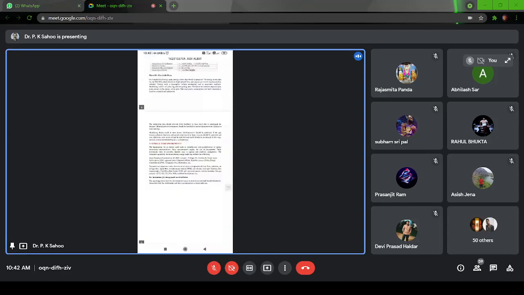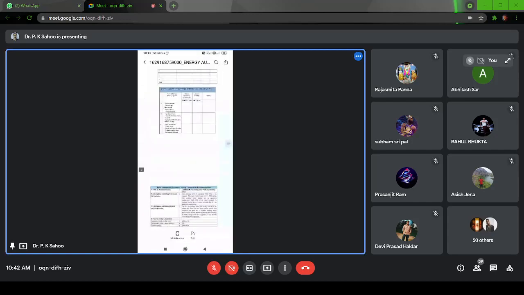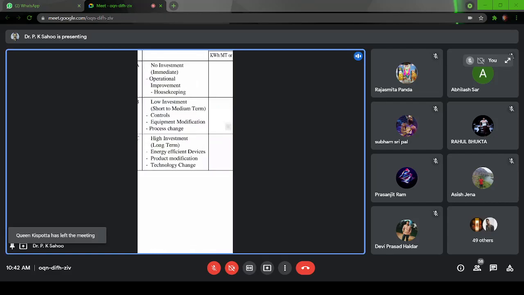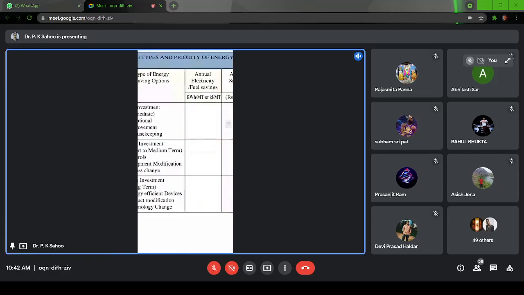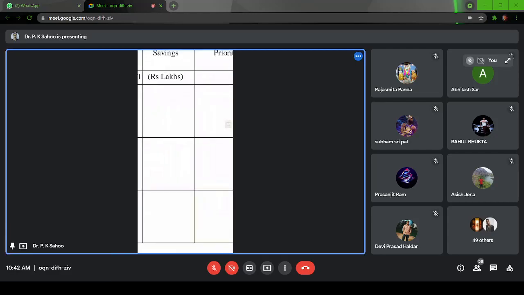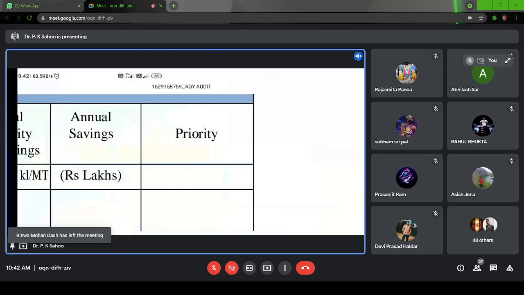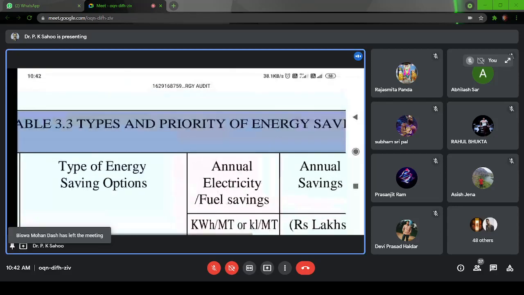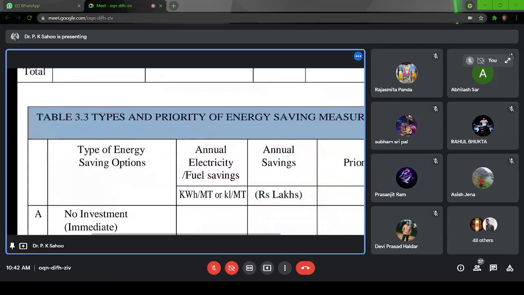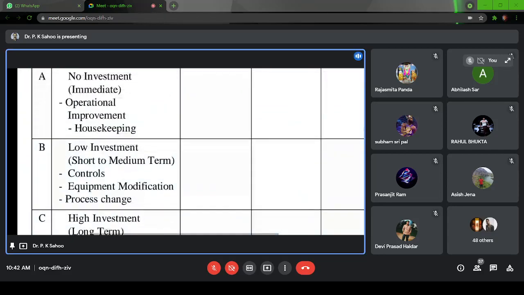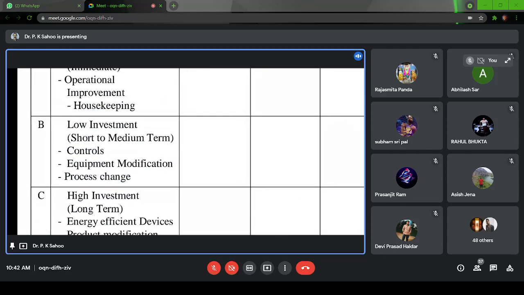Now you see here. This is the types of priority of energy saving measurement. Number one is no investment or immediate investment, that is operational improvement and housekeeping.